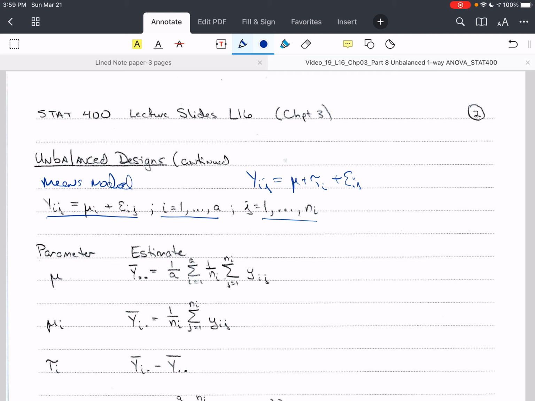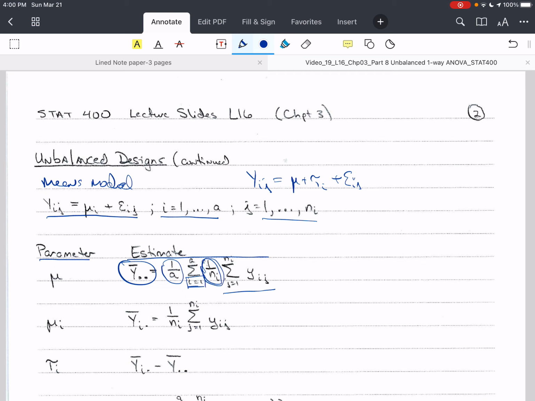So the parameter that we want to estimate is mu, and it's still y dot dot bar, but it's calculated a little differently. Now, instead of having 1 over a times little n, we pull the n sub i inside the summation that has i as an index. So we still have the sum of all the observations, but when we're in the ith treatment level, we add those up and divide by n sub i.